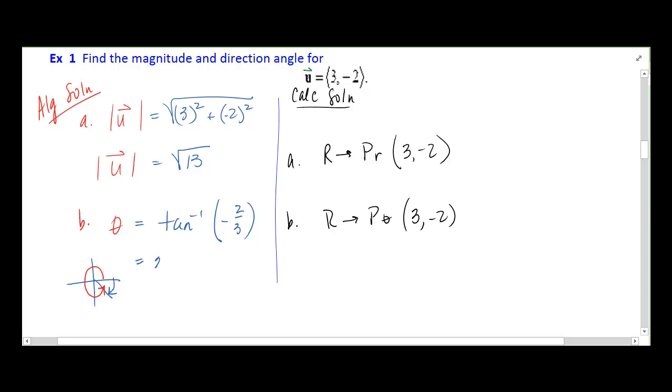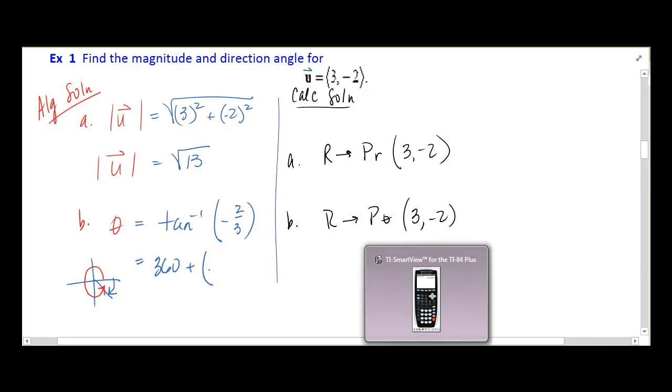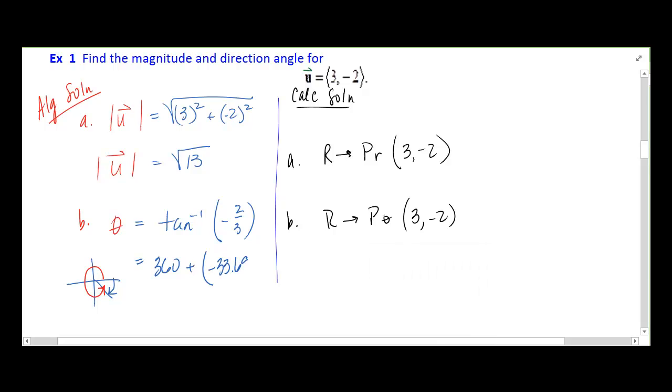So 360 plus the value from my calculator, which was negative 33.69 if we rounded it, gives me a value for theta of 326.31. So algebraically, this is the form that we use. We have a formula for the magnitude as well as the inverse tangent for theta. Well, we can do this just as easily on the calculator.